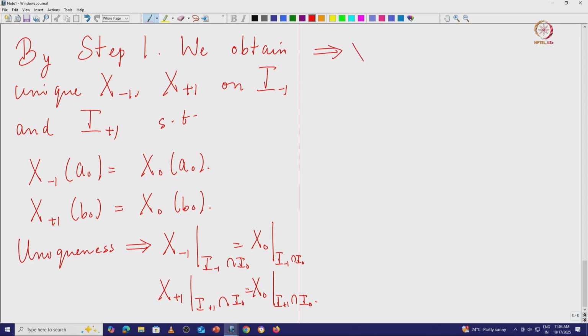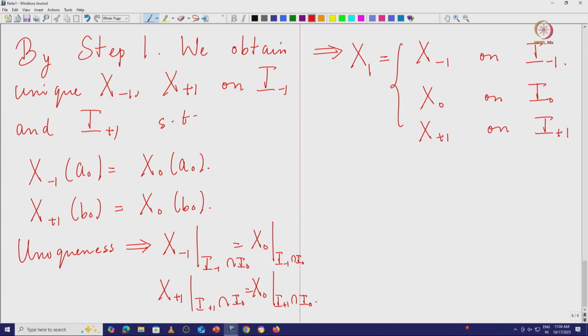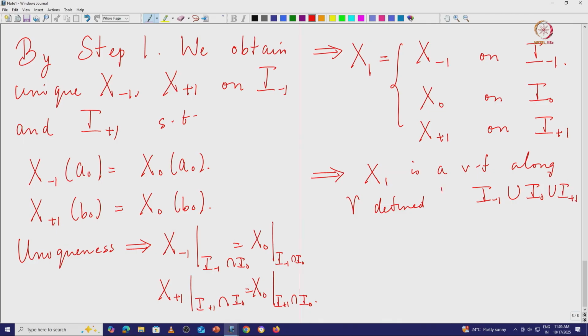So that means if I define x1 to be x minus 1 on I minus 1, x naught on I naught, and x plus 1 on I plus 1, this implies that x1 is a vector field along gamma defined on the union of these three intervals, which remember I was calling J1, such that it's parallel, and of course it satisfies the initial condition that we want.